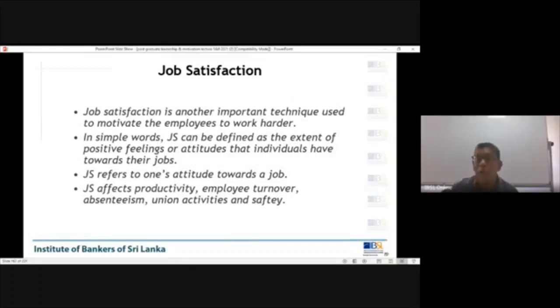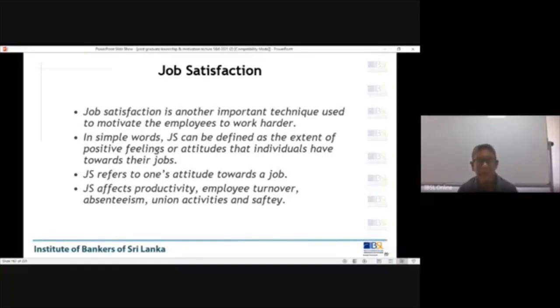In order to motivate some people, first you need to eliminate all these dissatisfying factors. So we will discuss some of the theories on that, right? And also remember, satisfaction is an important technique used to motivate employees to work harder.